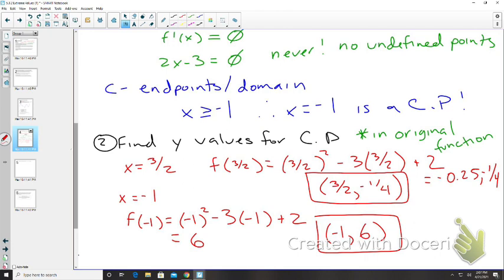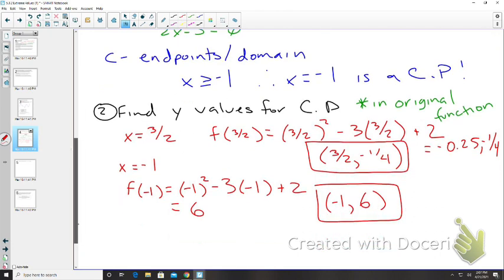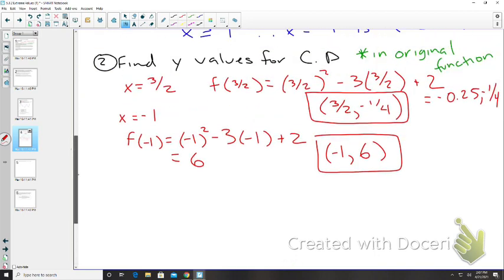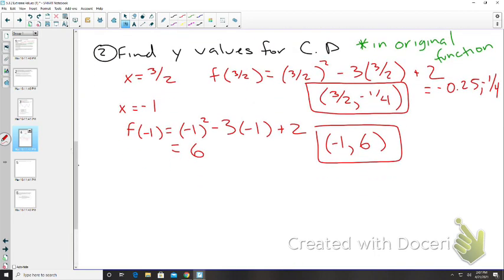Now, step 3 is graphing. Graph using intervals of increase or decrease.